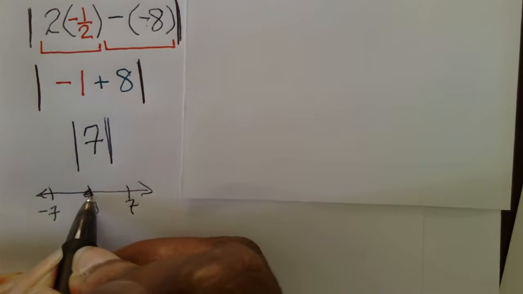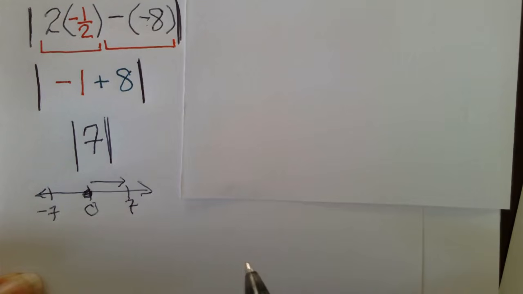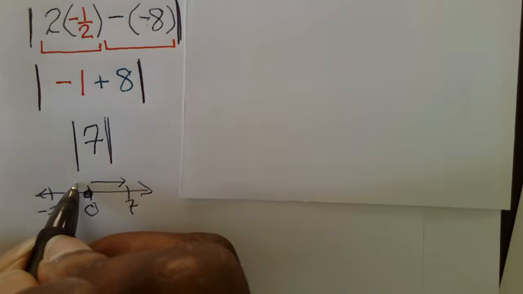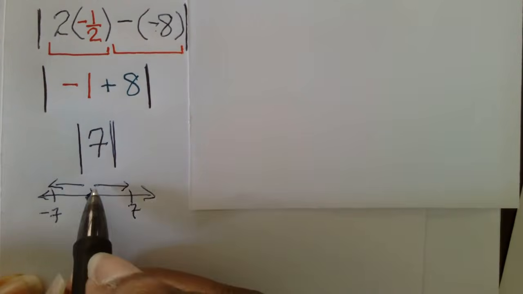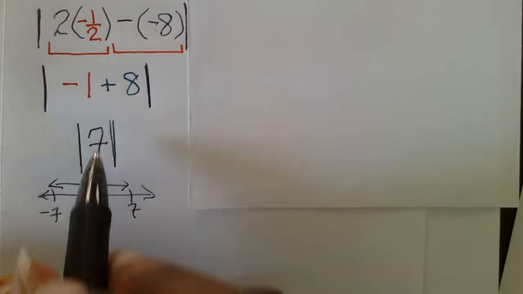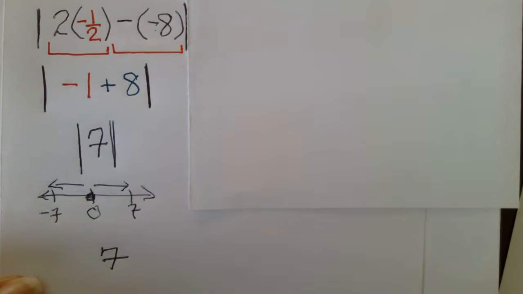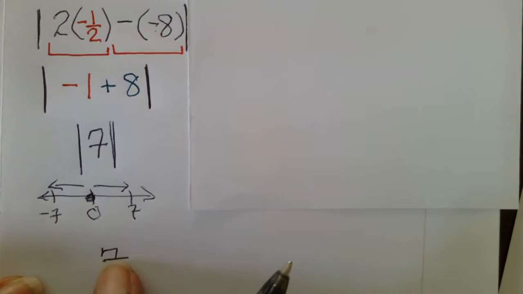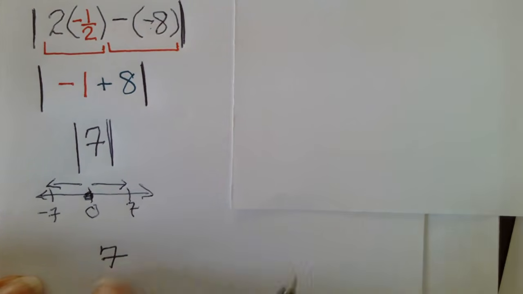Say that this is my house, and I have a friend that's 7 blocks to the right of me, and I have another friend that's 7 blocks to the left of me, they're still 7 blocks away from me. So that's why the absolute value of 7 is going to equal 7. So that is the left side. So that equals our 7.